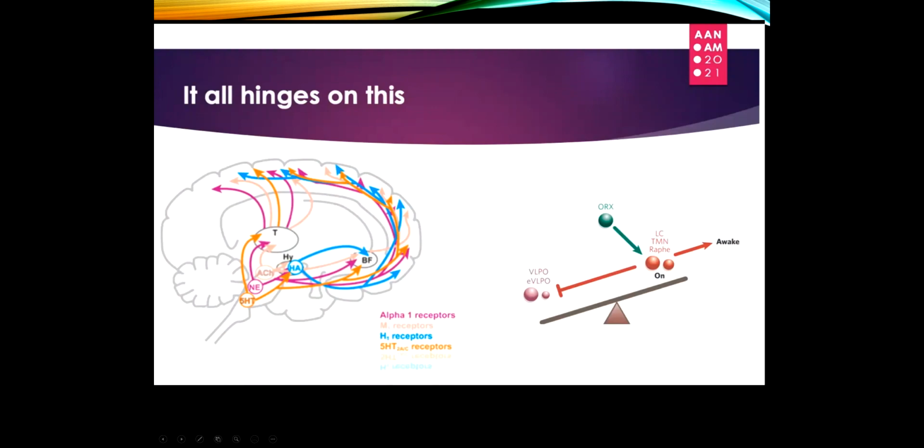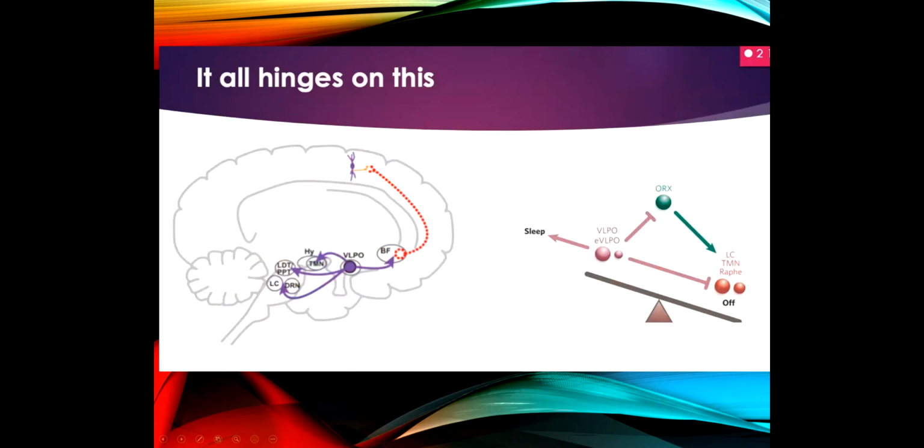And so again, in this kind of off-on switch, we have the ventrolateral preoptic area, which is active throughout the night when we're sleeping. We have areas of the ascending arousal system here, like the locus coeruleus and the raphe nuclei. And so the orexin is an important input to this. When we're active, orexin is going to stimulate the ascending arousal system and we're awake.